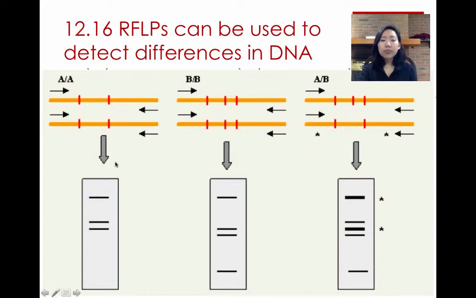Even though they're very minute differences, just a few nucleotides, the restriction enzyme now cuts at different places, leading to very different looking patterns of DNA fragments when you run it through gel electrophoresis. This is another way you could identify human beings, for example in crime scenes, where you can determine which person matches up with the suspect data.